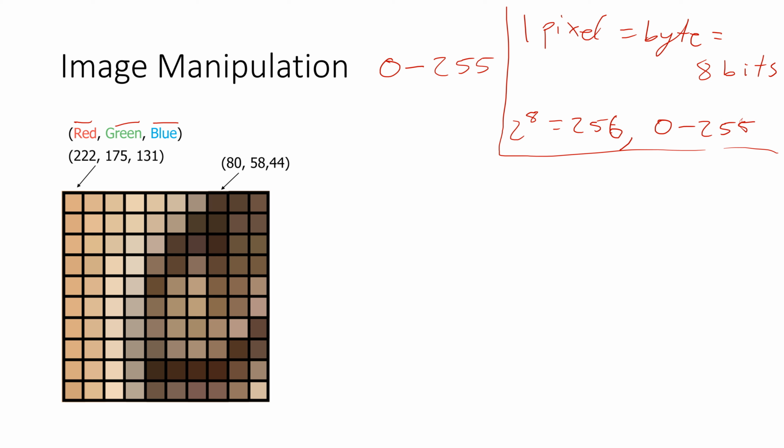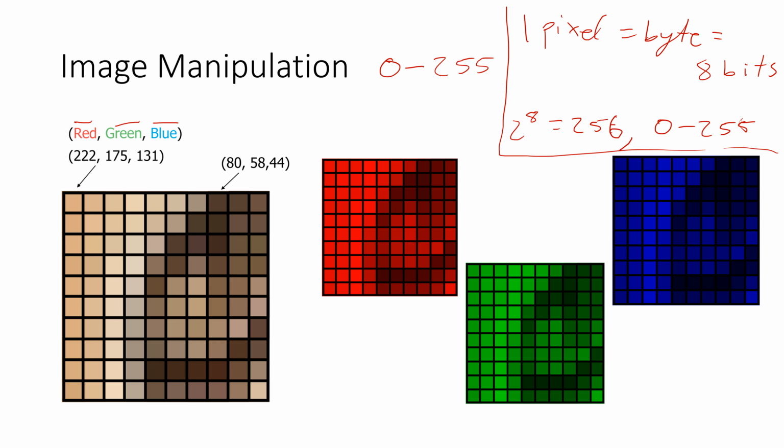So separating that grid of pixels into separate grids for each color, we get red, green, and blue. And we can take, for example, this one right here, which describes very low intensities in regards to the first pixel right here, and it's very dark. We have 80 for red, which is this one right here. If it was 0, that would mean black.